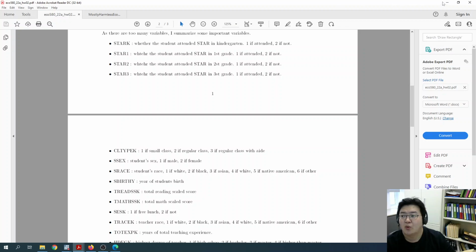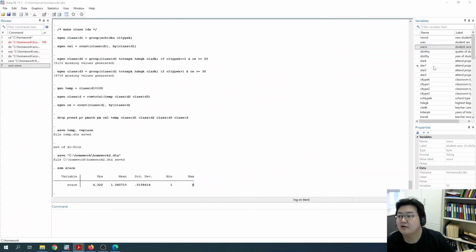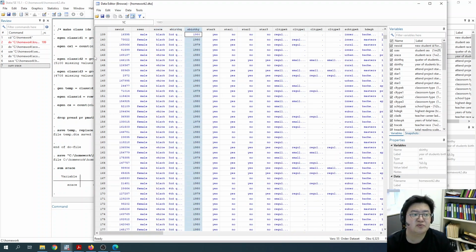So this is the race information, and then birth quarter and birth year. For identification problems, to keep the private information private, the date is not given, so the information is given only up to quarter.